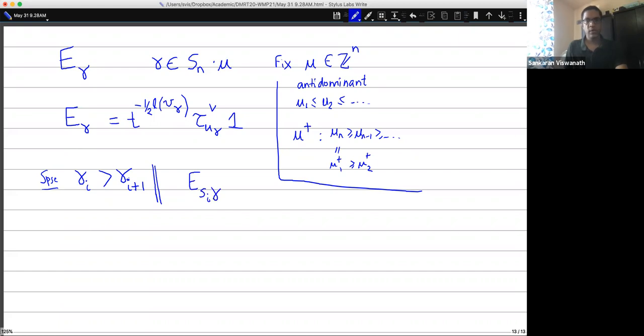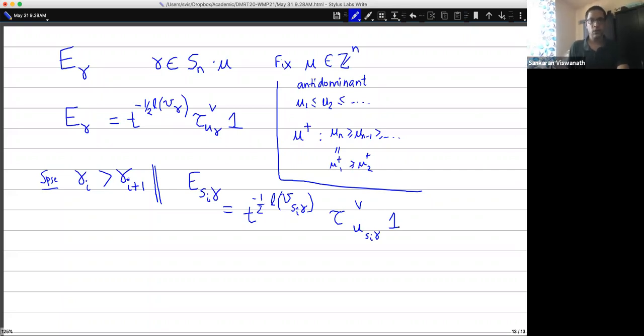So how do I get E s_i gamma? Well, by the same sort of thing. It's t to the minus half length of V for s_i gamma, and then I have to figure out U for s_i gamma. If I figure out how the U's and the V's change when I go from gamma to s_i gamma, then I can compute E s_i gamma from there.